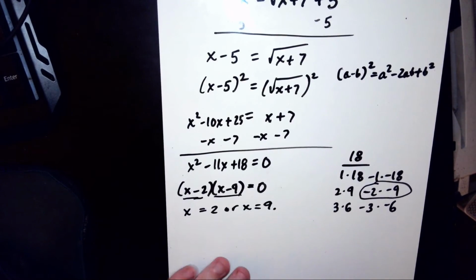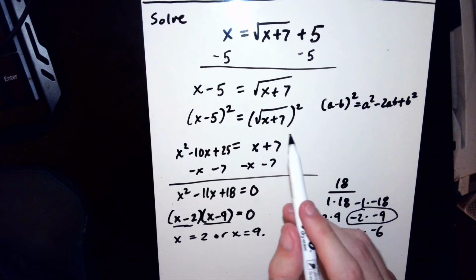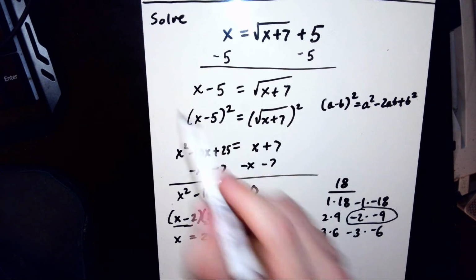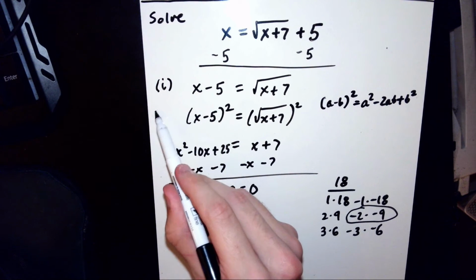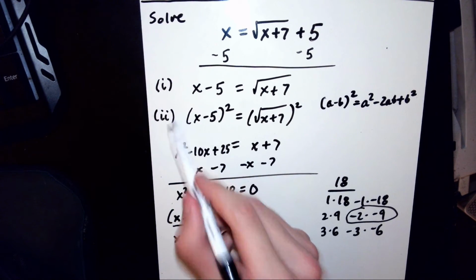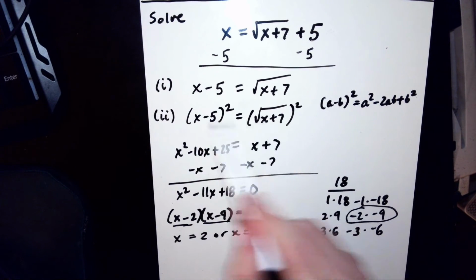Now a point I want to drive home here is that we started off with this equation right here. Maybe I'll label it. This is equation 1. We got equation 2 by squaring both sides.